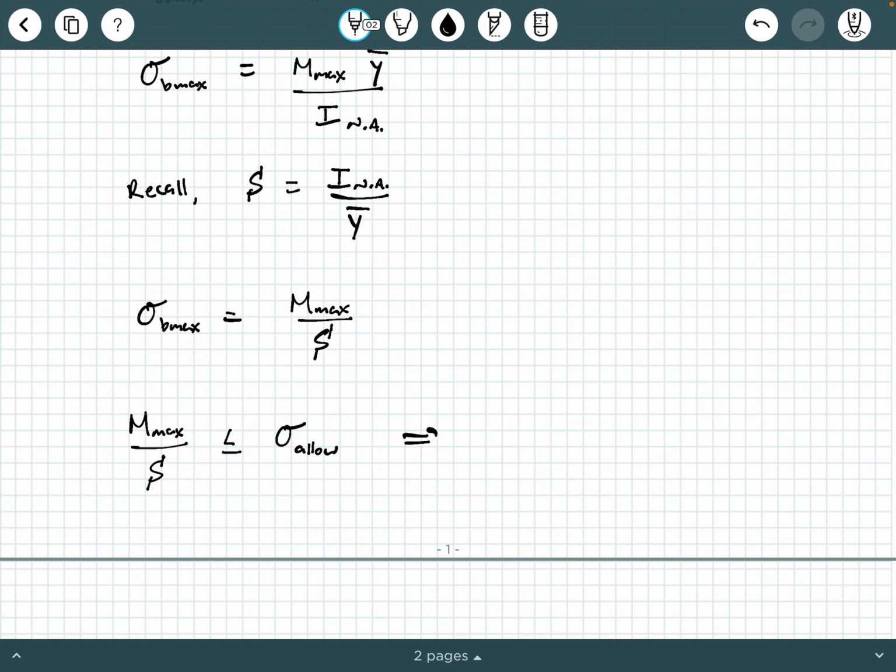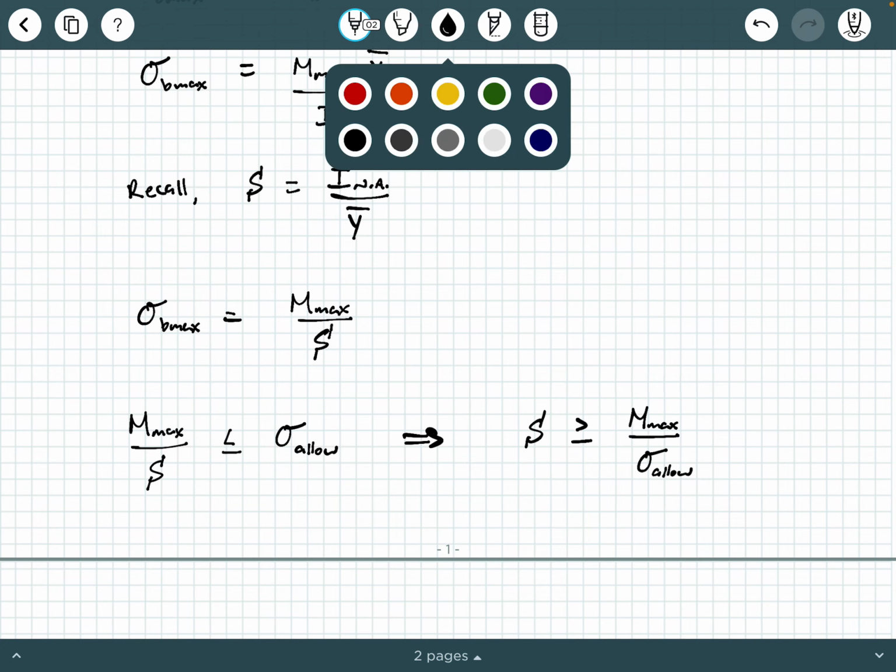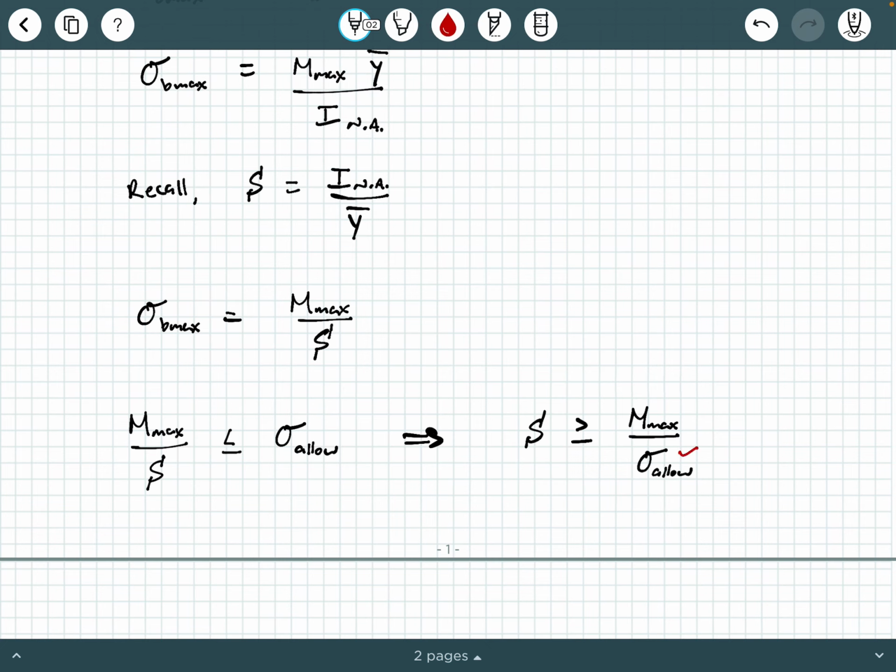Now, if we rearrange this, we can get the section modulus S must be bigger than or equal to M max over sigma allow. All right. Now, again, we were given sigma allow, so I can check that off. So at this point, what do we have to do? Well, all we have to do is solve for M max. So I'm going to put a note here. All we need to do is solve for M max.